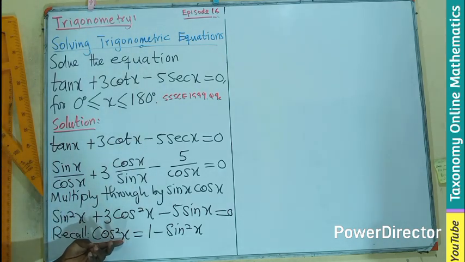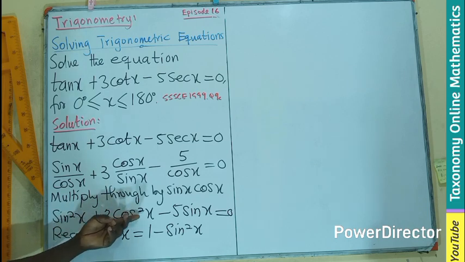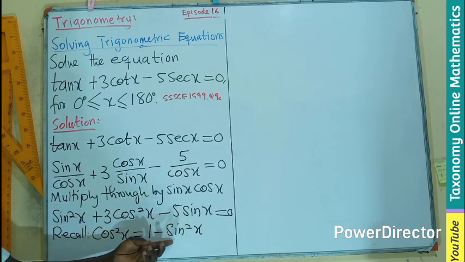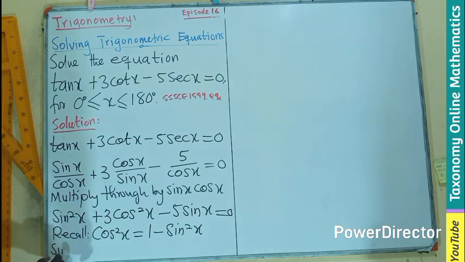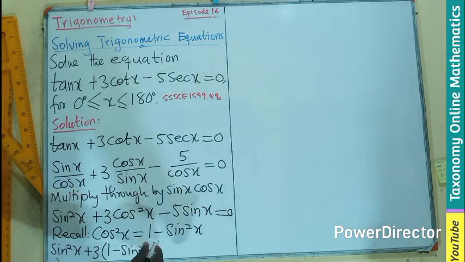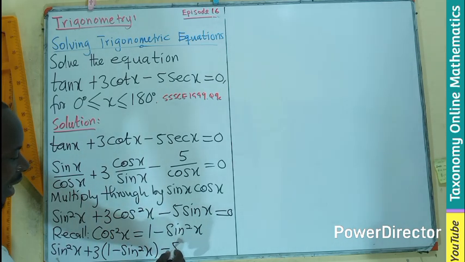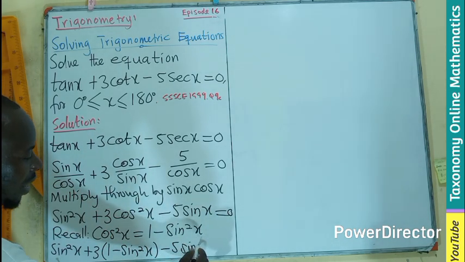Then it means that the cos square x will now be substituted with this. So our equation becomes sine square x plus 3 multiplying the cos square, which is now 1 minus sine square x, bracket close, minus 5 sine x.